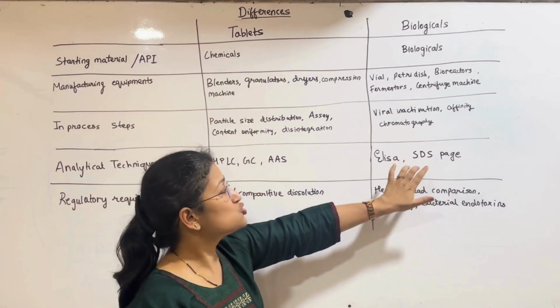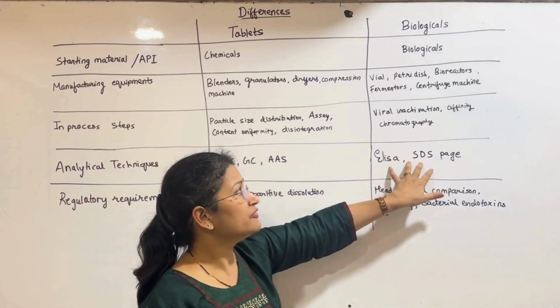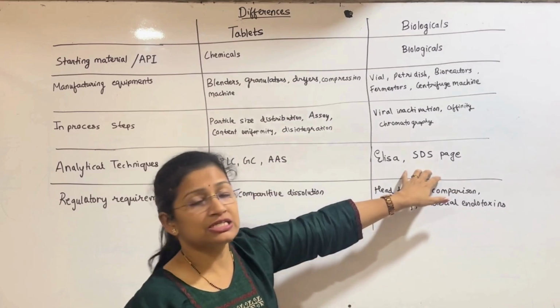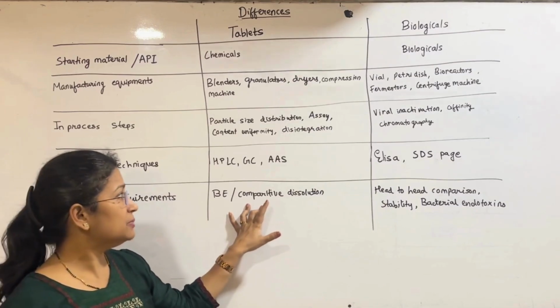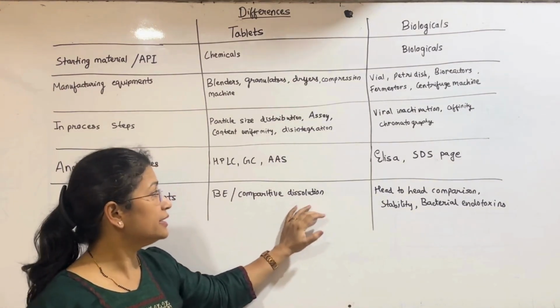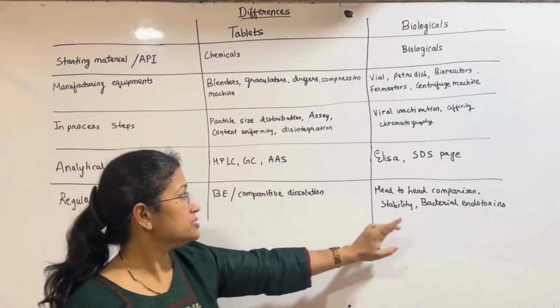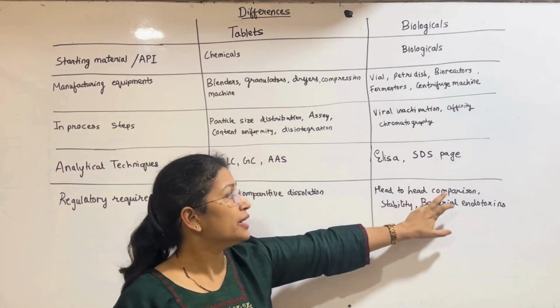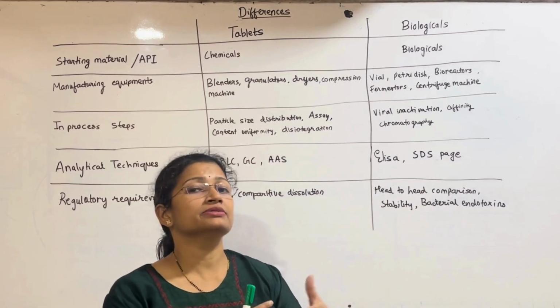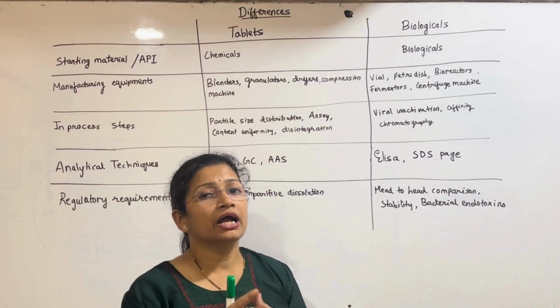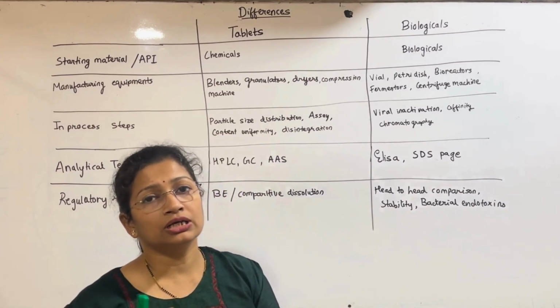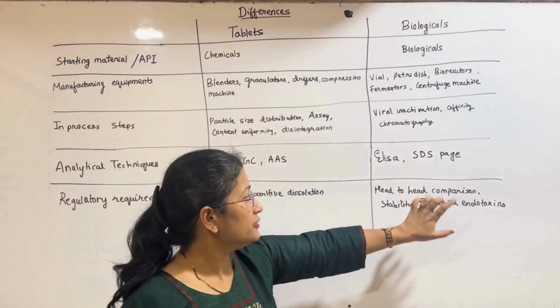But for biologicals, it will be ELISA and SDS-PAGE. When it comes to regulatory requirements, for tablets it is BE or comparative dissolution, which is of prime importance. But for biologicals we need to do head-to-head comparison, which is comparison of toxicity and preclinical or clinical trials.